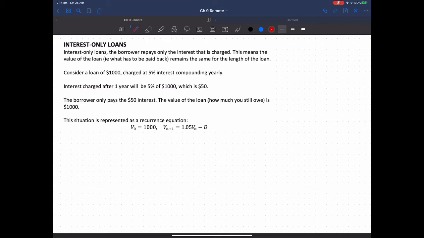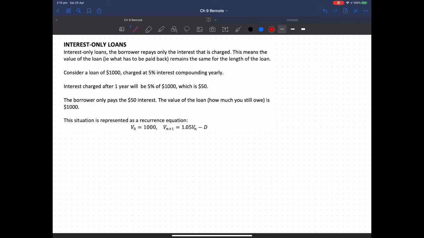This is where the person pays back the interest that has been earned, say on a year, so that the amount they now owe is the principal. The next year, the same thing. So they will always owe the principal. All they are paying off is the interest that has been earned.